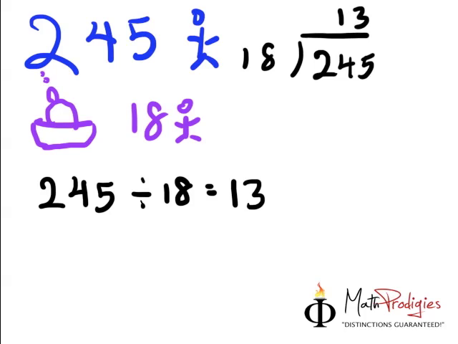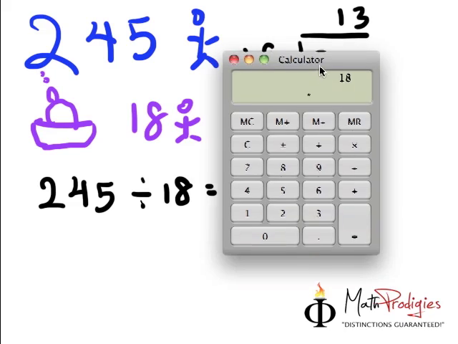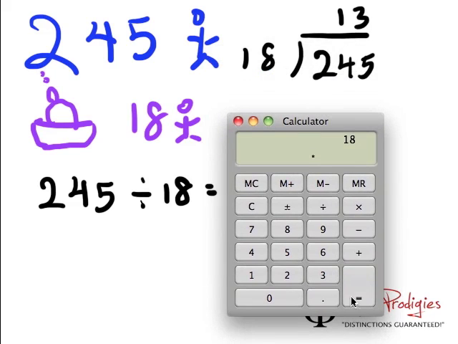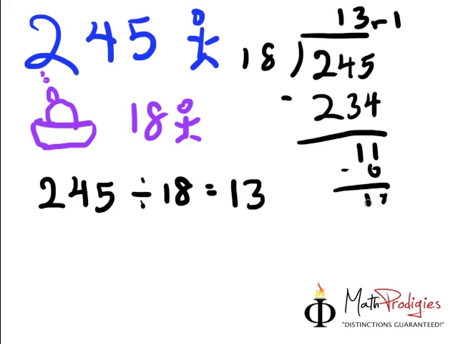All you want to do is find out how much remainder we have. So you want to find out what's 13 times 18 first. That's 234. Then you minus, you get 11 people. Therefore 13 remainder 11. So you put that 245 divided by 18 gives you 13 remainder 11.